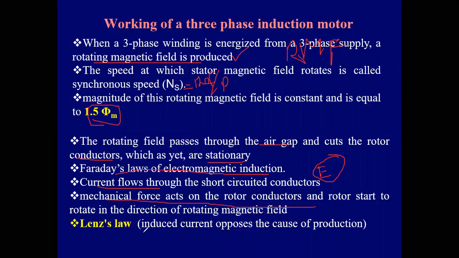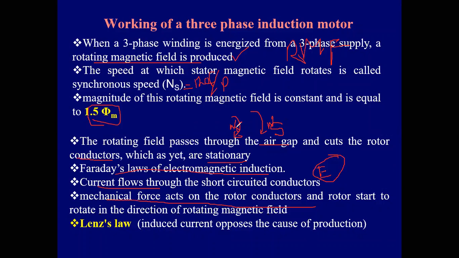Yesterday someone asked me, let's say the field is rotating in the clockwise direction. What is the speed of the field? That is, as in the second point, Ns, synchronous speed. I said the rotor rotates at a speed of Nr.